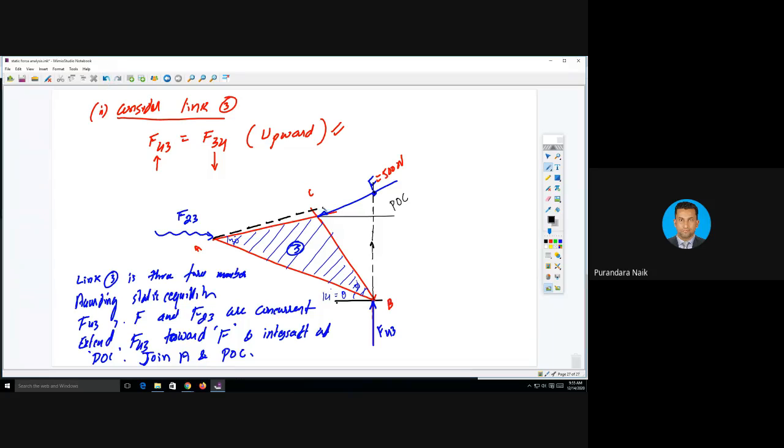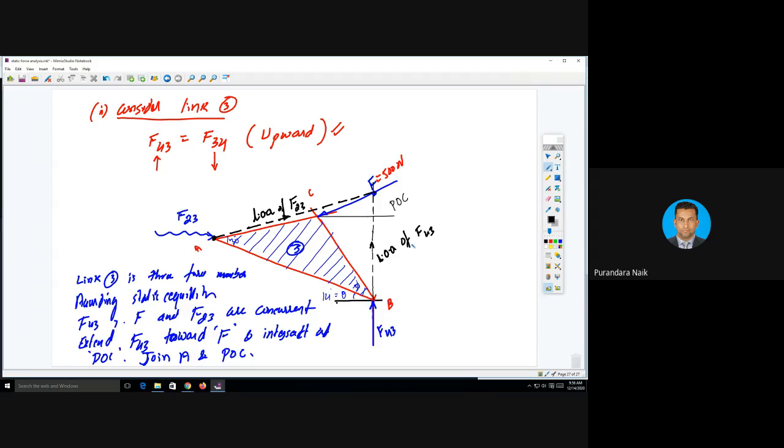How to intersect it? You need to join POC with the point of action of F23, so A. If you join this, this is the line of action of F23. And this is the line of action of which force?